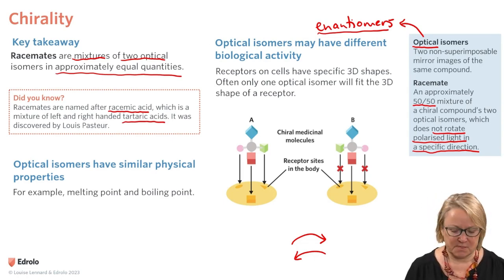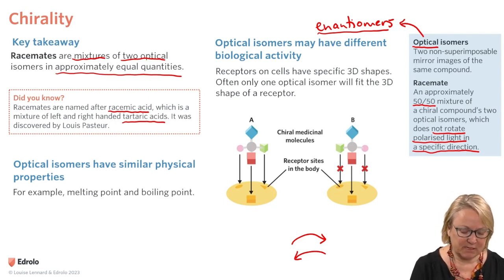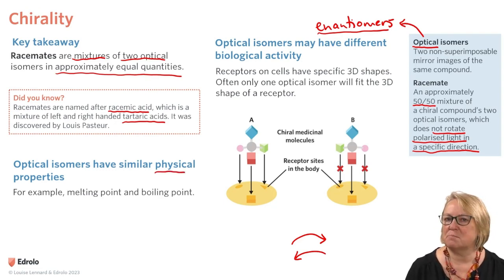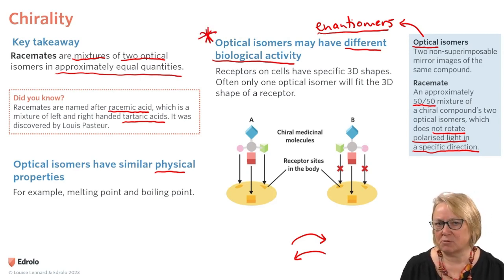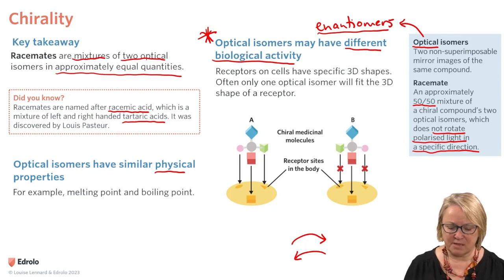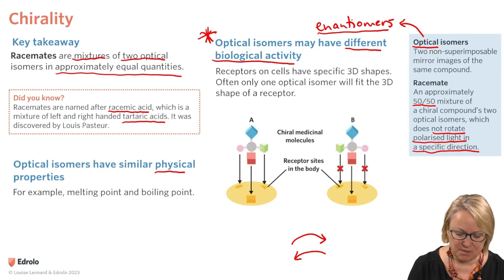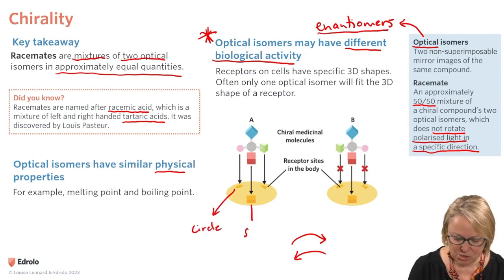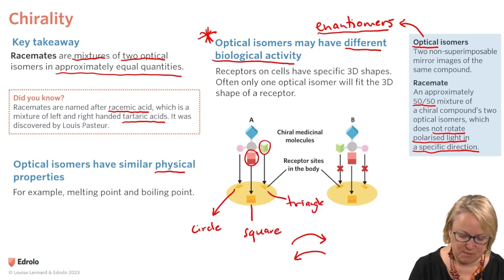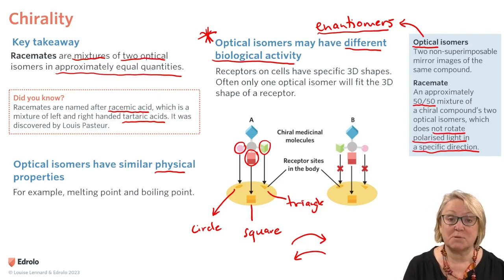Now, optical isomers or enantiomers have similar physical properties, such as melting point and boiling point, but they may have very different biological activity, and this becomes vital when we're talking about medicinal compounds. Receptors on cells have specific three-dimensional shapes. And if we have a look at the drawing that we've got here, we've got a circle shape, a square shape, and a triangle shape, and that corresponds to the different groups of atoms attached to this particular carbon.